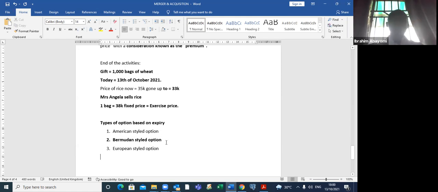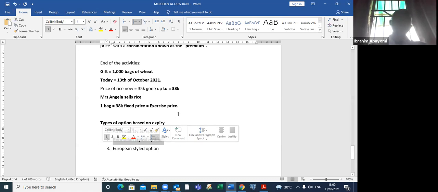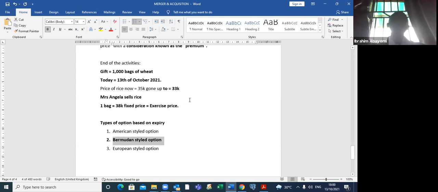For instance, if I enter into an option contract and it's a Bermudan option, we can agree that you can exercise this option on the 31st of October, 15th of November, 30th of November, 15th of December, 31st of December.